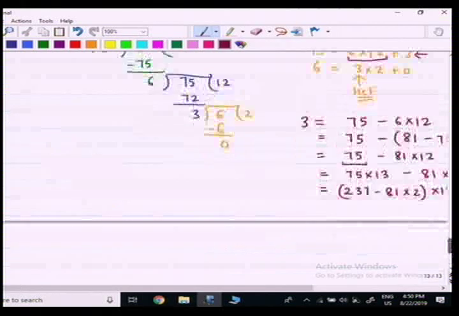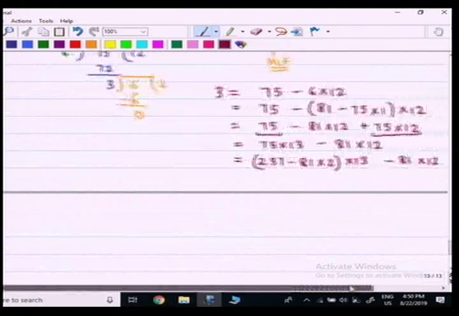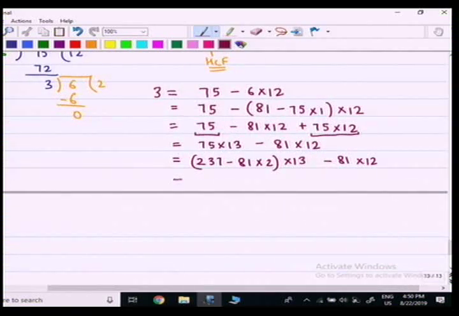Now we will simplify this. Just distribute this 13 in both of them. So 237 into 13 minus 81 into 26 minus 81 into 12.